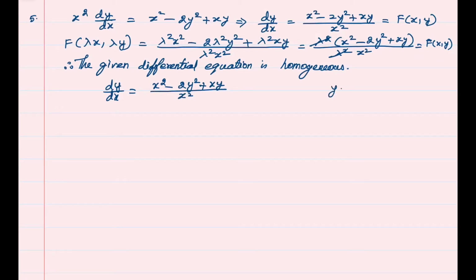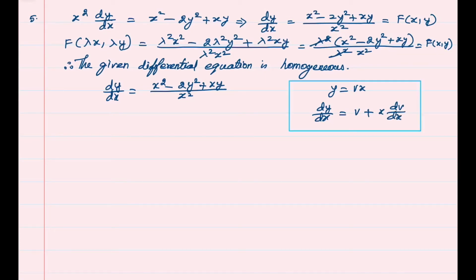We will substitute y equals vx. I have told you rational expression questions we can solve by y is equal to vx method or x is equal to vy method. Let us differentiate with respect to x. Dy by dx is v into 1 plus x into dv by dx. Dy by dx is v plus x dv by dx equal to x square minus 2, y is vx, so v square x square plus x times vx divided by x square.